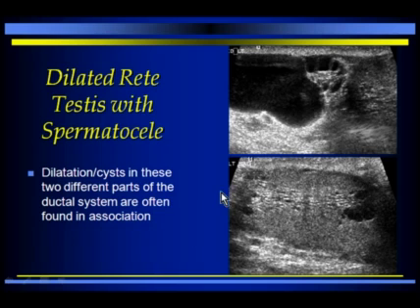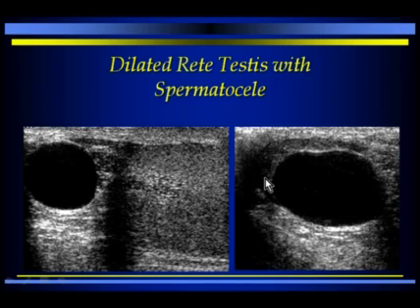Here's an example of what I was talking about. Here is a large cyst associated with the epididymis, and here is a dilated rete testis, cysts associated with the epididymis, and perhaps some cysts actually intratesticular as well. So these are all sort of associated with each other and common to find them together.